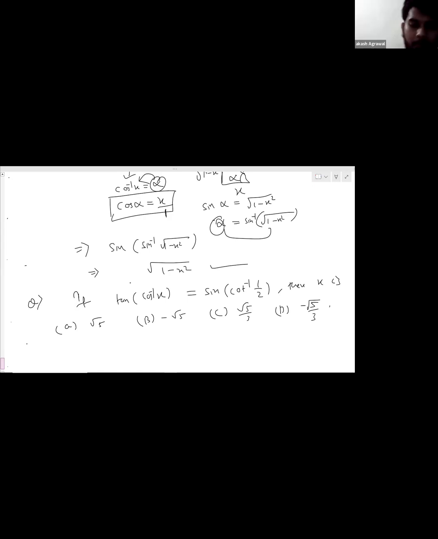This chapter is all about formulas. Trigonometry is all about formulas.